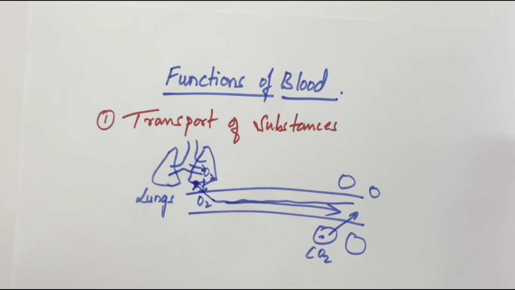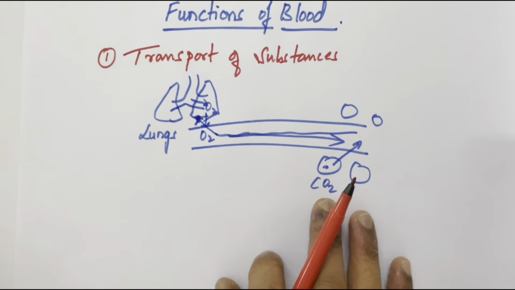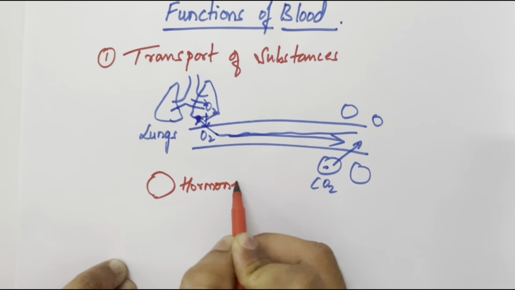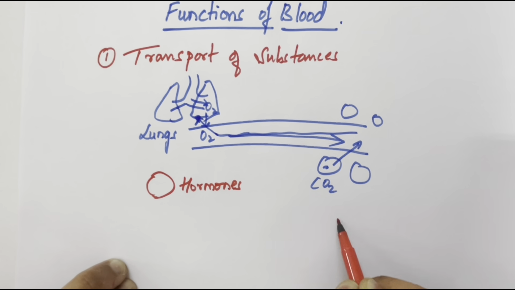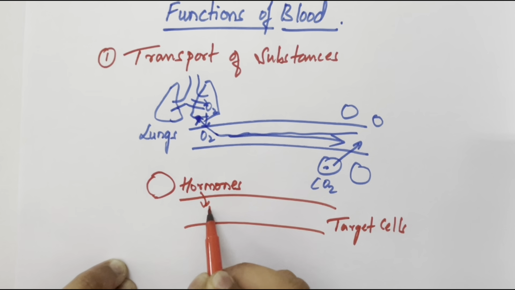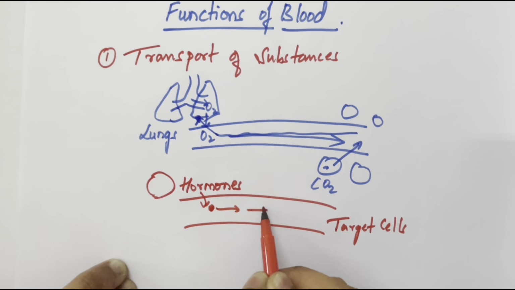One more example we can give is endocrine organs will secrete hormones. How will these hormones reach the target tissue, target cells for their action? So hormones are released into the circulation. The hormone will enter the blood circulation, and this hormone is carried and it will reach the target tissue by passing through the capillary.